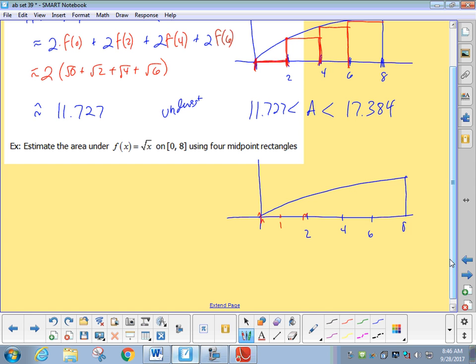So if I go to the midpoint, go up to the curve, and draw over, where do I draw the top of my rectangle? From where to where? The subinterval, the base of the rectangle is from 0 to 2. So the top side of the rectangle should go from 0 to 2.